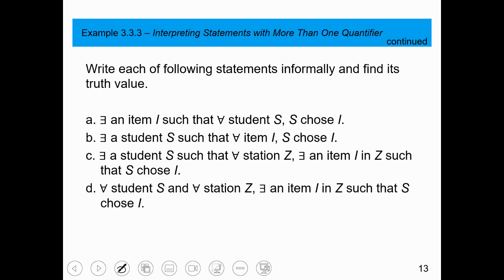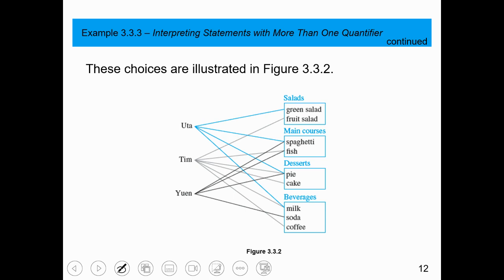First one is example A. It says there exists an item I such that for every student S, S chose I. So I'm going to try to think of an item such that no matter which student you give me, Uta, Tim, or Win, I can say that that student selected that item. So I'm going to look for an item that every student selected. Is there such an item?